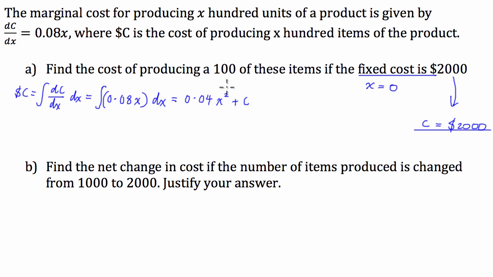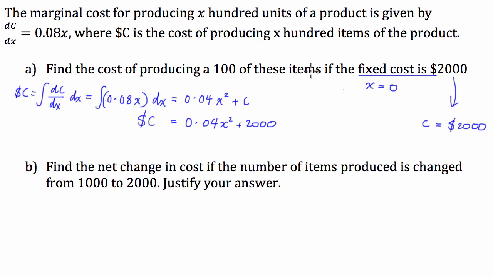So we put that into our function here, and we have 0.04x squared plus $2,000. Now this is our cost function.